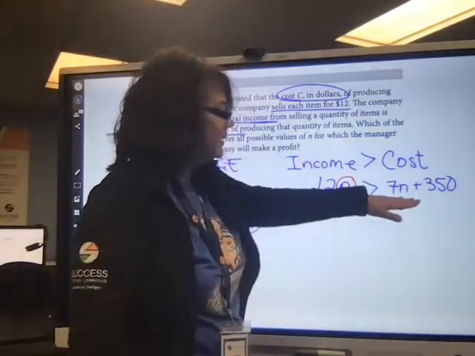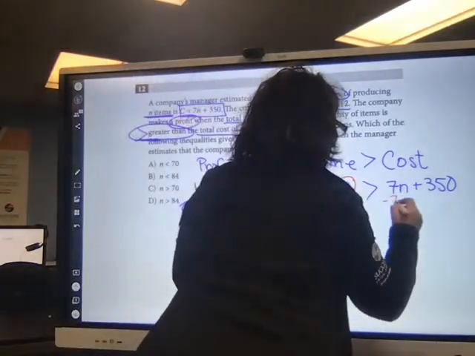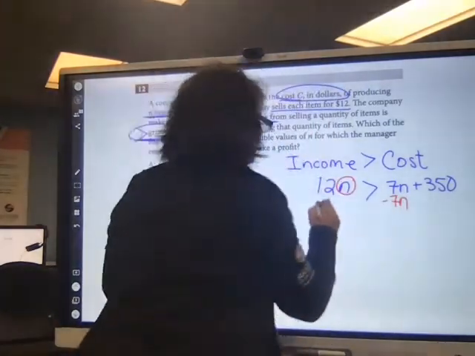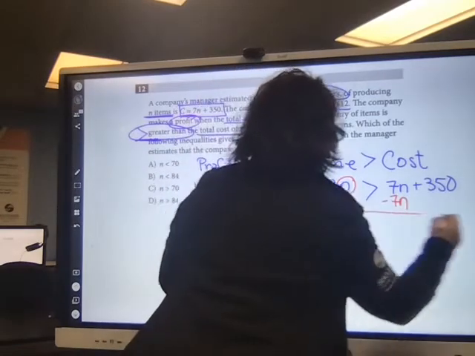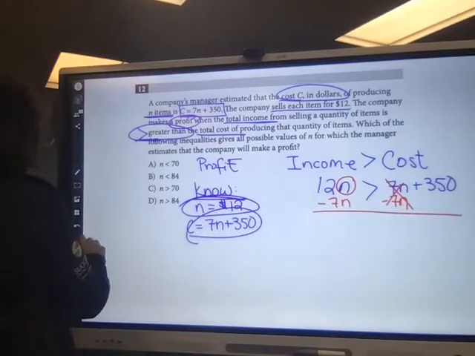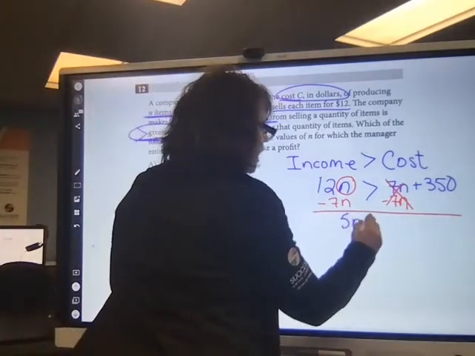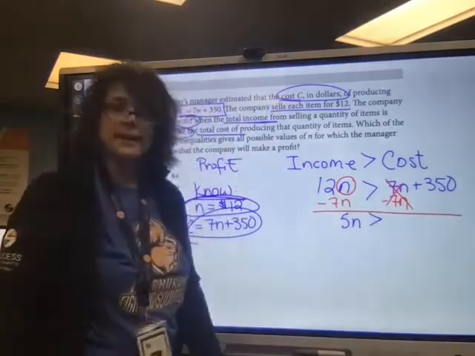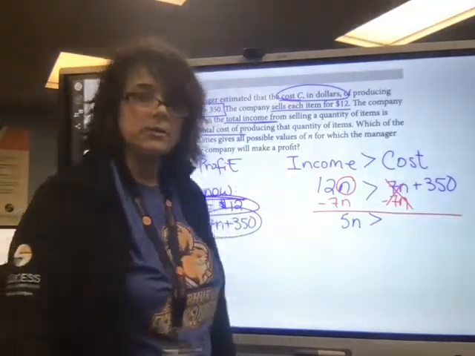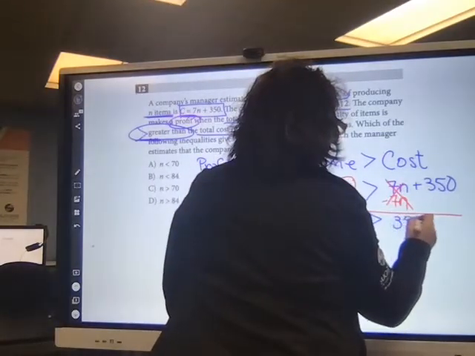So notice 7N is positive, so we're going to subtract 7N, and what we do to one side, we do to the other side. So our 7N's on the right side of the inequality cancel. On the left side, we are left with 5N. Our inequality sign stays the same because we did not divide or multiply by a negative. And we bring down the 350.